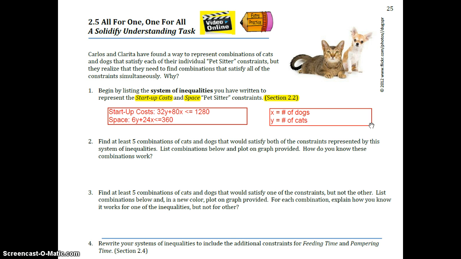If you'll recall on our graph, our y-axis had cats and our x-axis had dogs. That's why I'm using this. It was on the graph that I gave you showing that x was dogs on our horizontal axis and y was cats on our vertical axis.